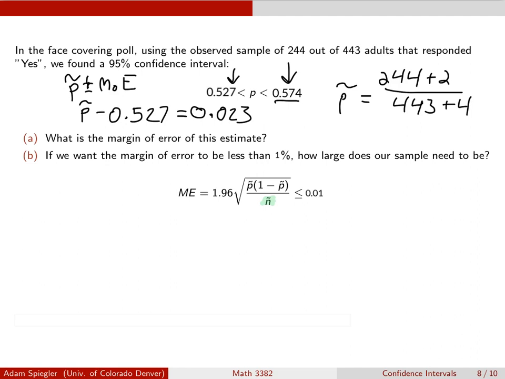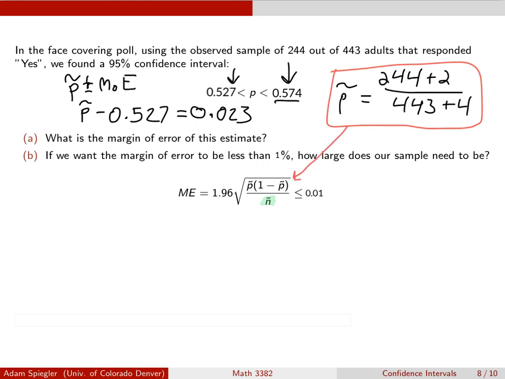So I've got an equation here, and I know what to plug in for everything. For example, we want the margin of error to be 1%. Okay, and so that margin of error we can get using this formula over here. It's the 1.96 times our estimate for the standard error of the sampling distribution for the proportion when we use p tilde as the estimator. And we set this margin of error less than or equal to the 1%. And we've got our value for p tilde over here.